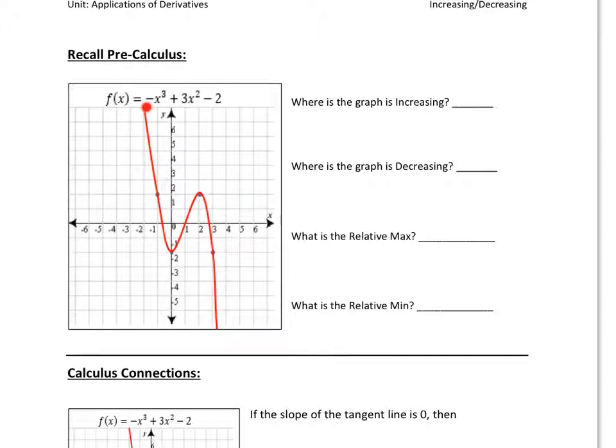So if you were here and you were going down, would you agree you're decreasing? Okay, then we're going to go from here to here, we're going to go up, and then from here to here, we're going to go down. But what we have to remember is that when we are finding intervals of increasing and decreasing, it's the x values.